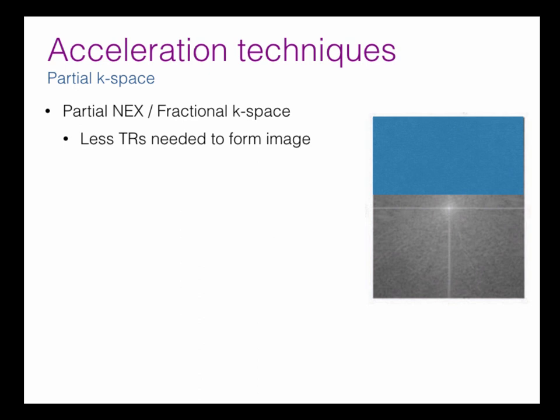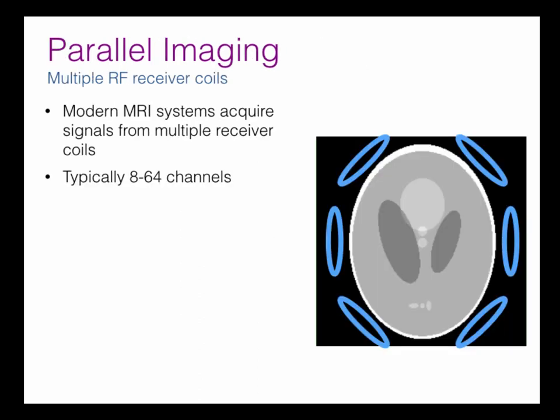The other methods which have become popular are called parallel imaging, and these are based around the fact that modern MRI systems now collect data from a large number of RF coils placed around the head. So back in the very earliest days of MRI, the receiver coil that you put your head into was really just a single channel, one coil device.